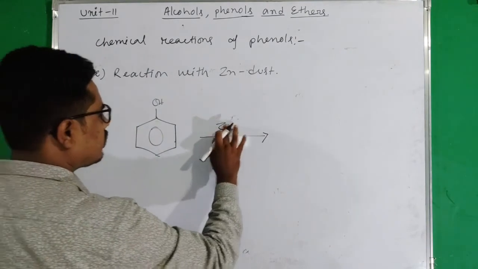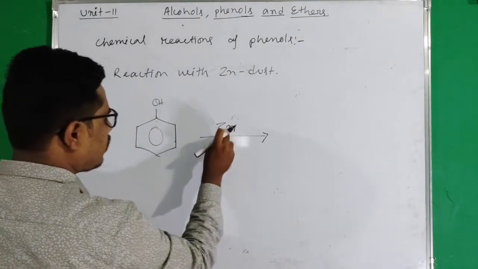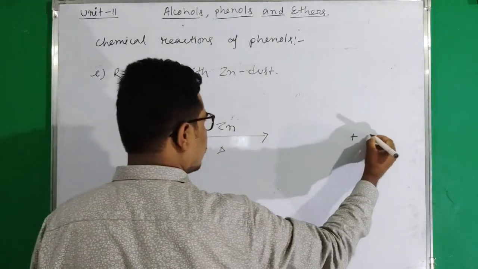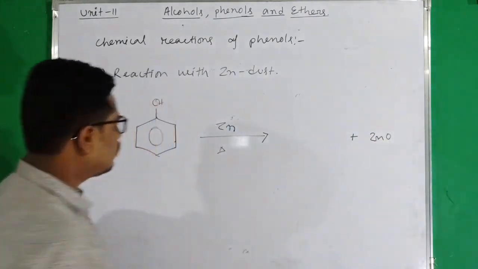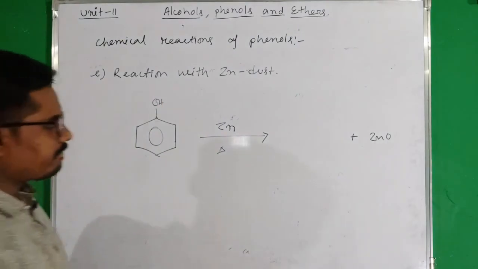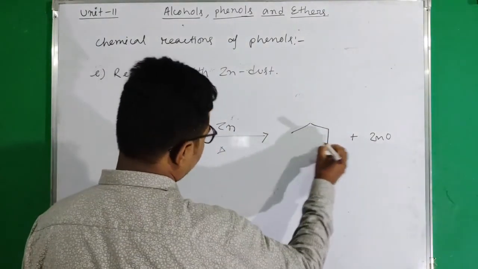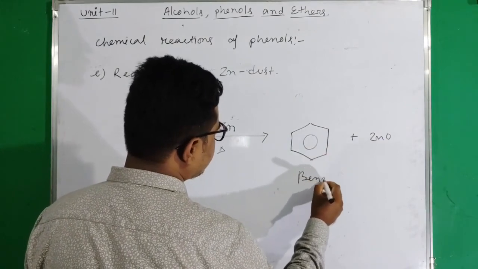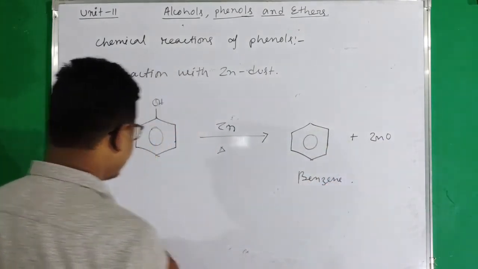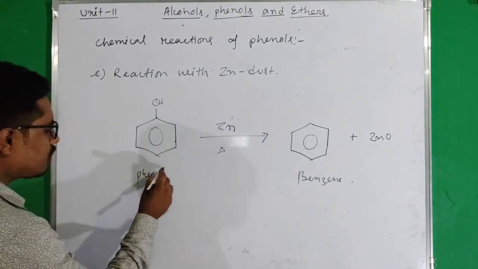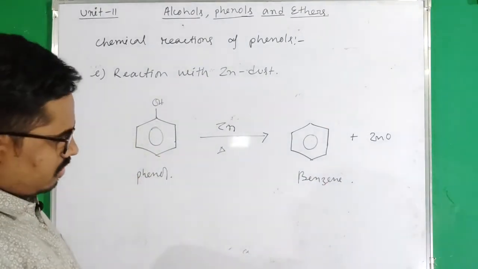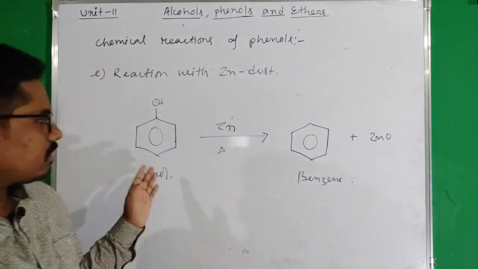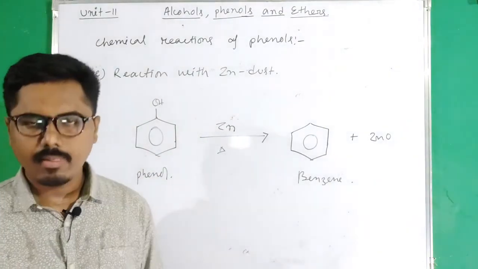Okay, this one is Zn, zinc, and the zinc will get the oxygen atom of phenol, and the phenol will convert into benzene. Therefore, the product is benzene along with zinc oxide. So this reaction is also known as reduction of phenol. That means the phenol is reduced to benzene.